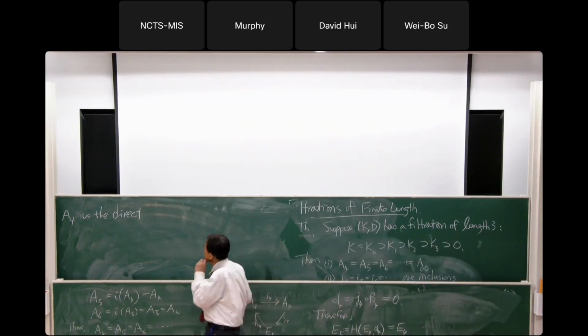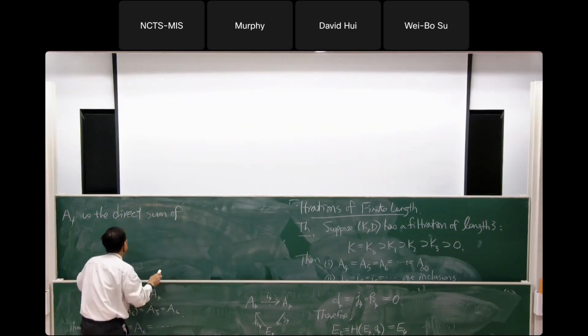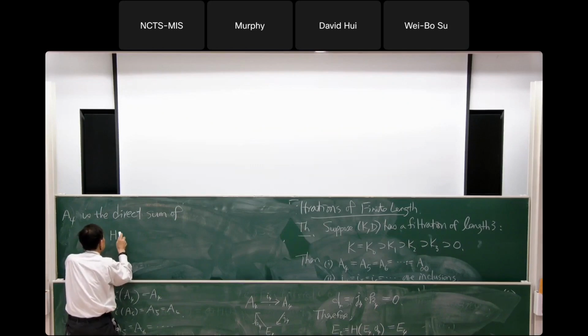All right, so we know that A4 is the direct sum of the terms in this sequence.